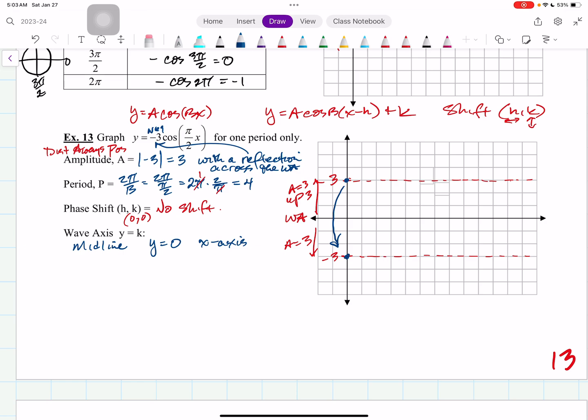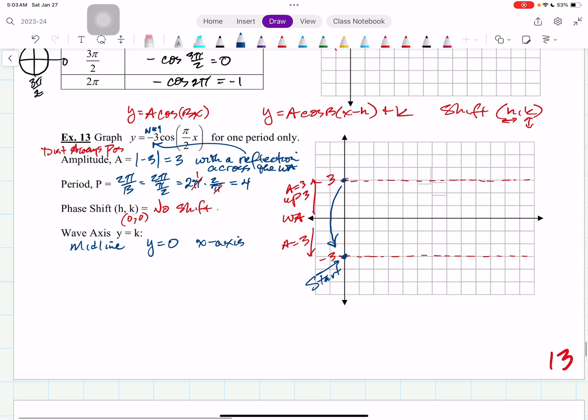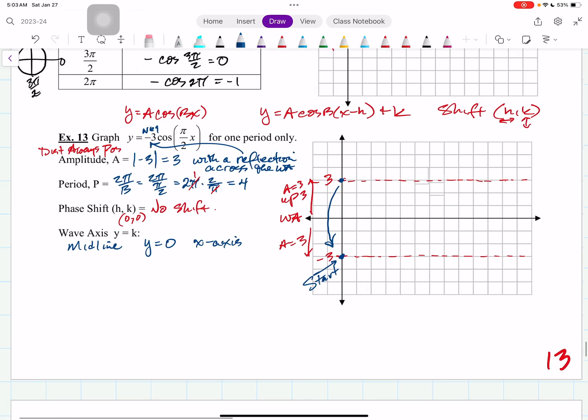If a was positive 3, I would start at 0, 3, but it's negative, so it starts here at 0, -3. Then you go out 4 units: count 4 units to the right, 1, 2, 3, 4. That's where you end it.